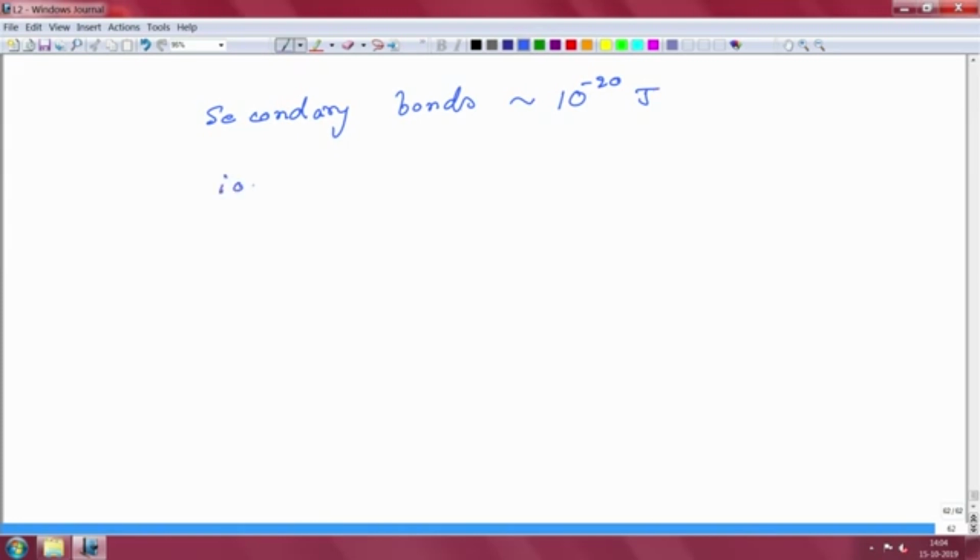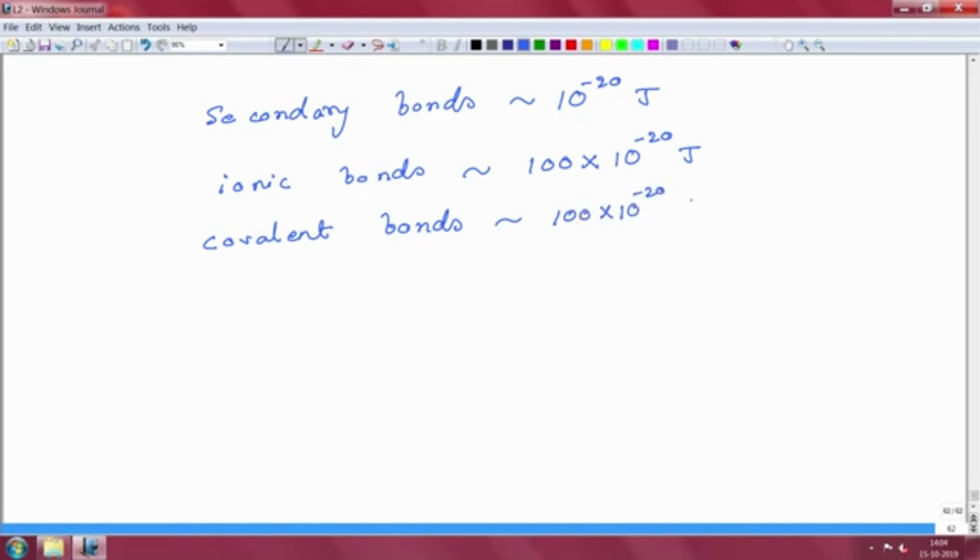Ionic bonds, on the other hand, have a much larger energy, usually 100 times higher than the secondary bonds, and the covalent bonds also have energies of the order of 100 to the minus 20 joules.